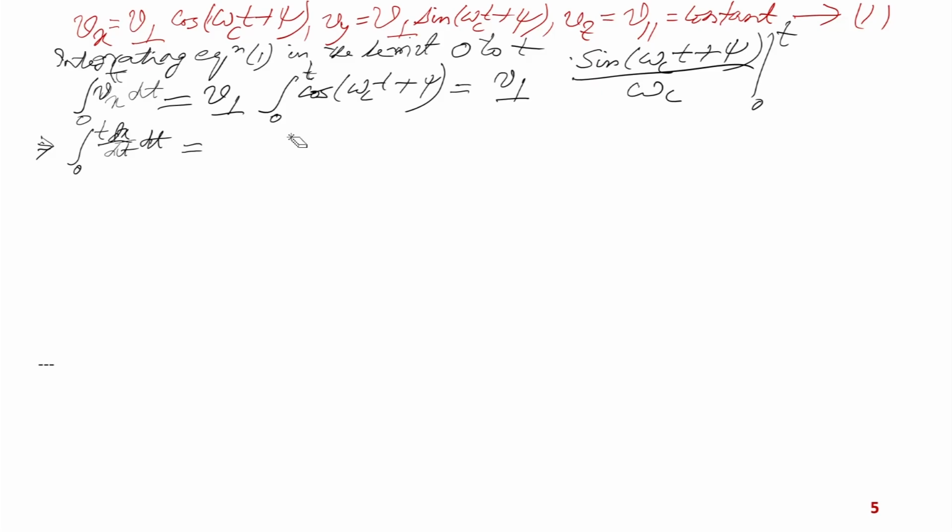I can write it like this: V perpendicular divided by the cyclotron frequency omega c, times sine of omega c t plus psi minus sine of psi.